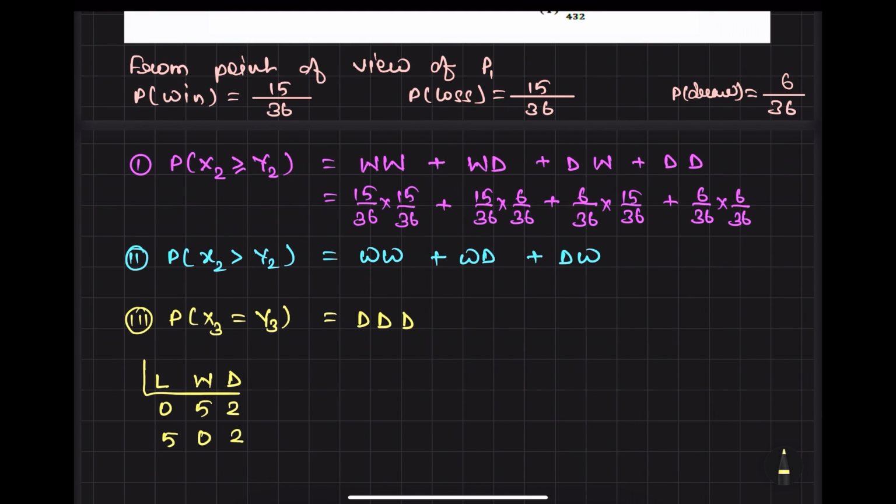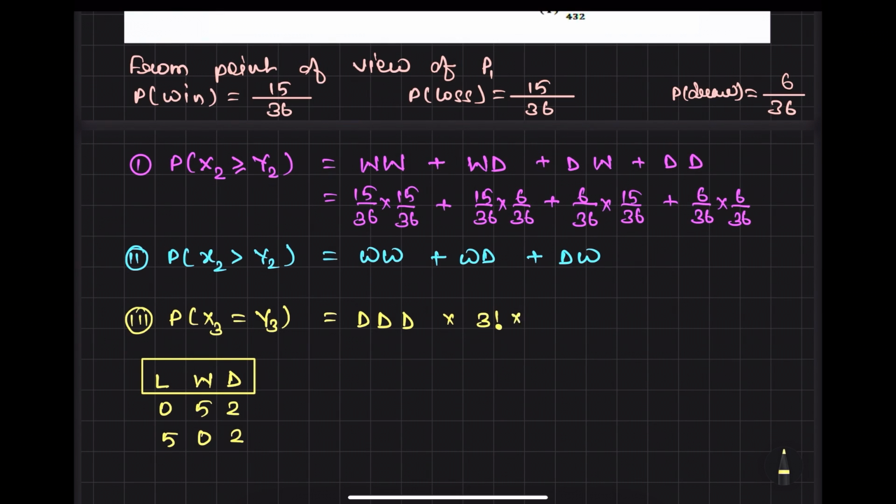And you know that this LWD can be written in so many ways. Means win, lose, draw. Draw, lose, win. So we have to permute these three things. LWD, all letters are different, so it can be permuted 3 factorial times.